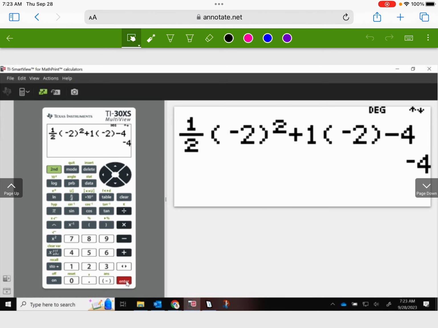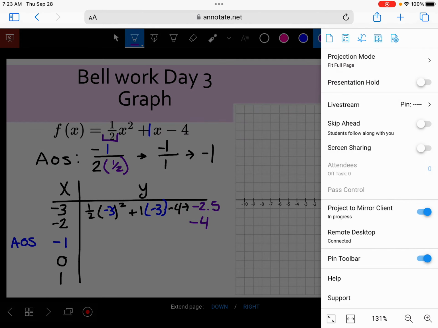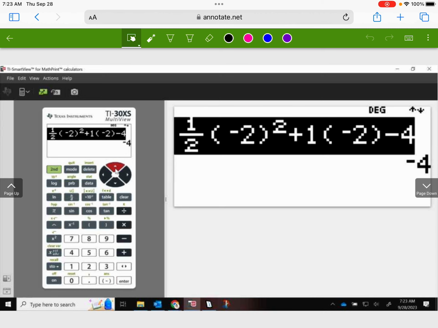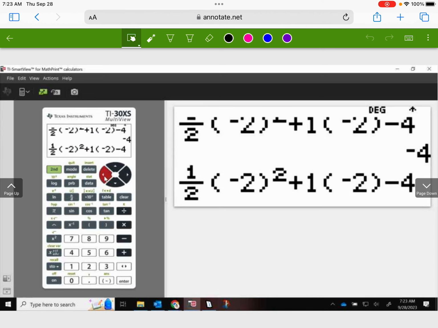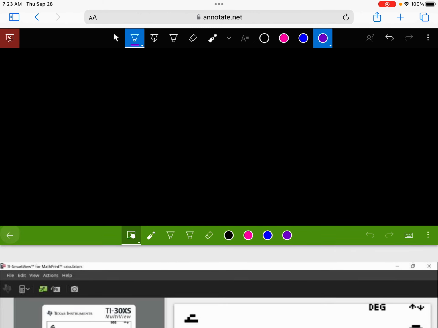Here we get -4. Same thing with our -1. I'm going to come in here and do the cheat code. And we get -9/2 or -4.5.